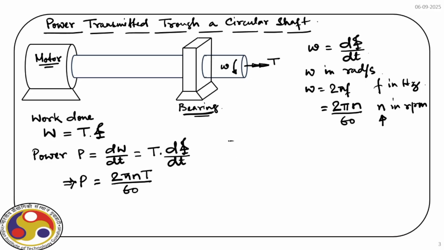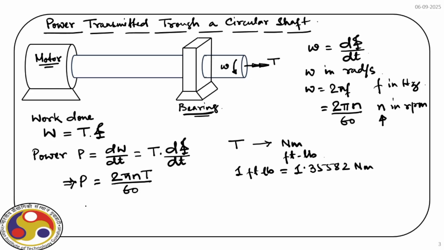Now torque is expressed in Newton meter, in SI unit. In FPS unit it is represented by foot pound, right? And 1 foot pound is equal to 1.35582 Newton meter.